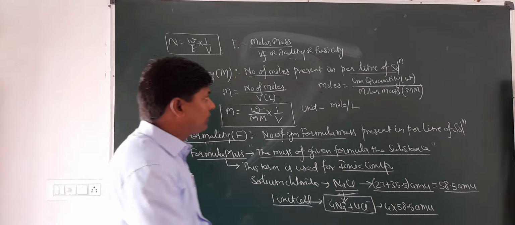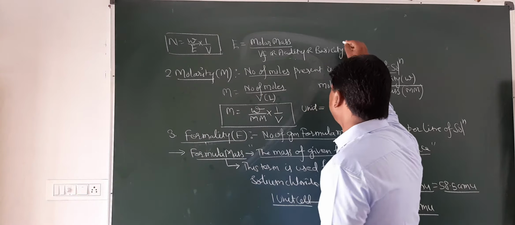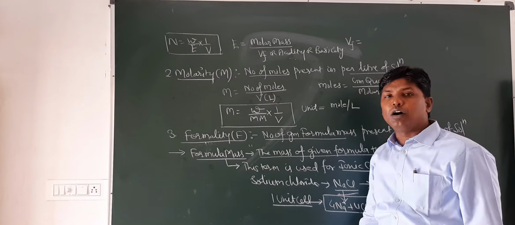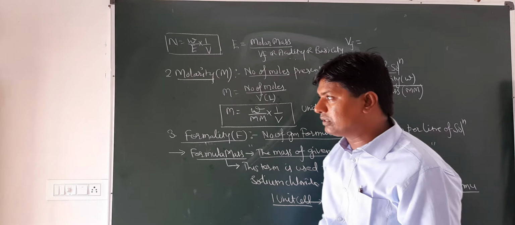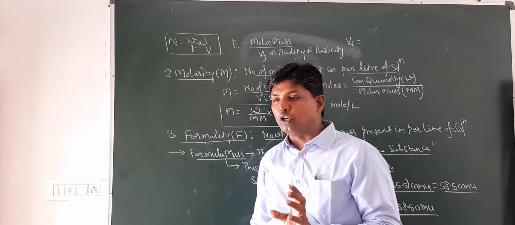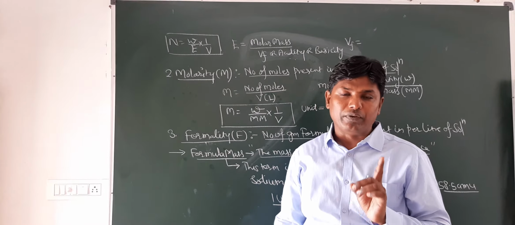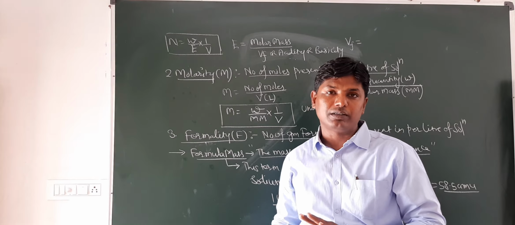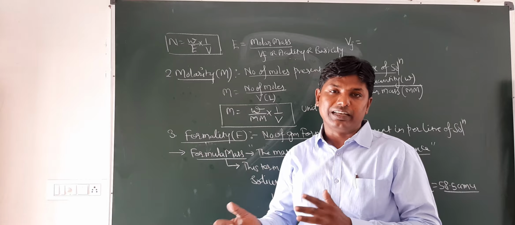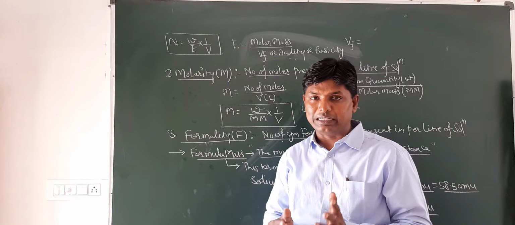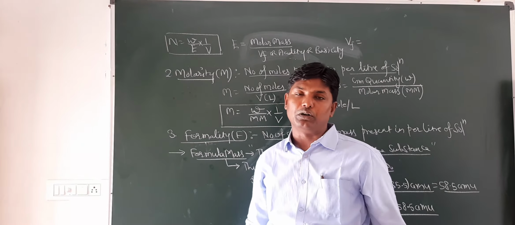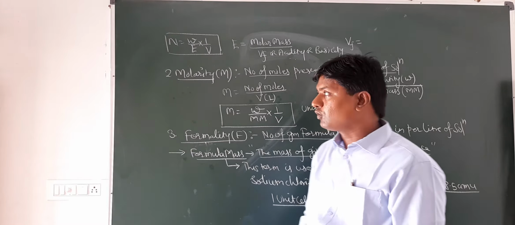If I ask you, sir, what do you mean by the valency factor? Valency factor is the number of moles of electrons exchanged during the reaction per molecule. How many moles of electrons are exchanged, whether there is oxidation or reduction, how many moles of electron are gained or lost, that is called valency factor. And it is always calculated for per molecule of the substance.